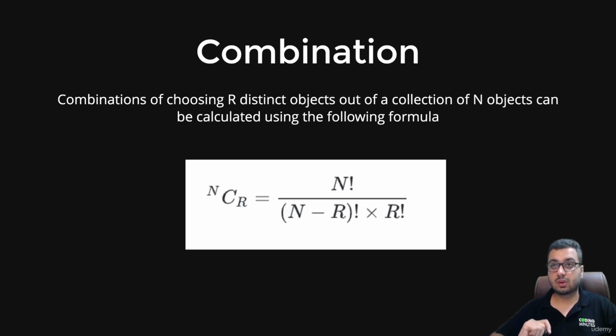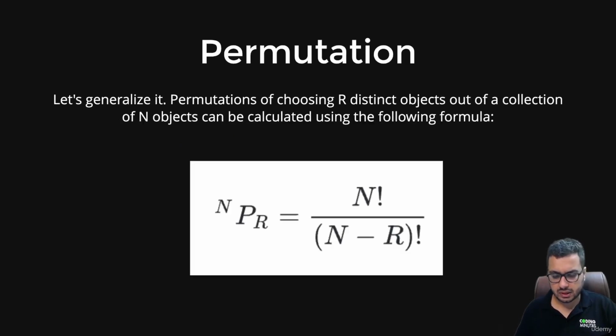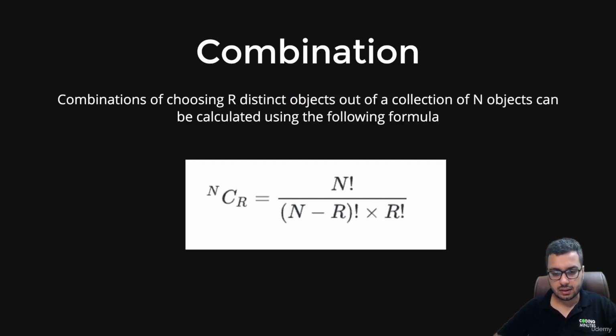The other thing is known as combination. Combination is a way of choosing r distinct objects out of a collection of n objects, and this is the formula.